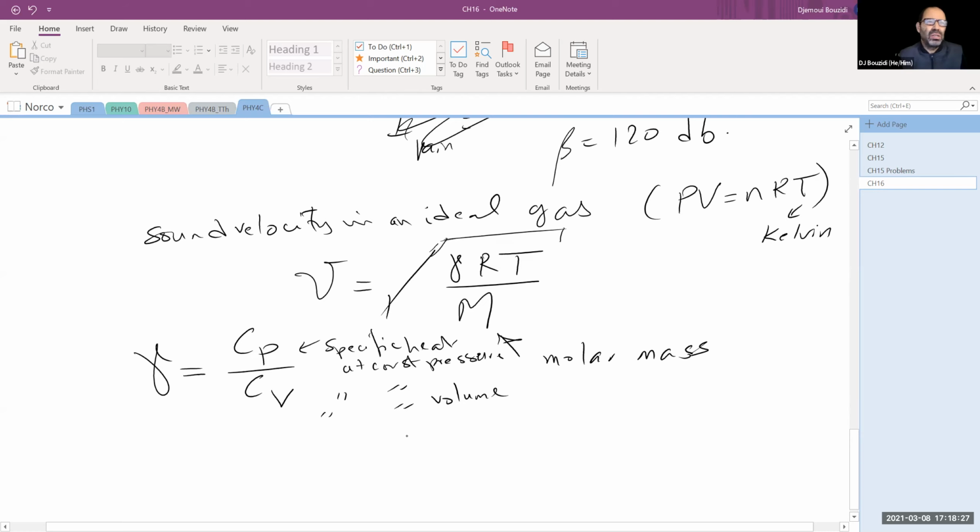At this point, don't worry about the expression. The whole deal about this expression is that the velocity of sound is proportional to temperature in Kelvin. That is the key.